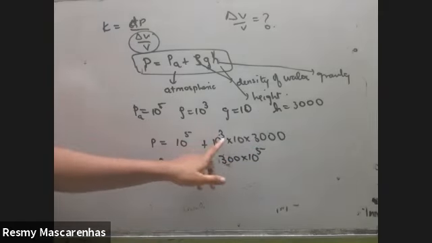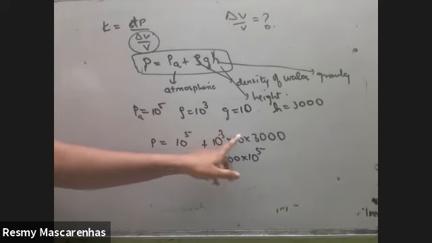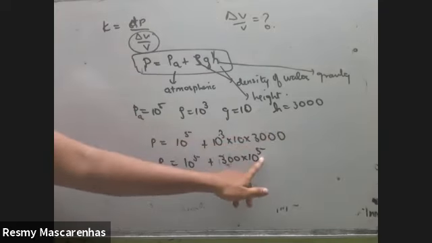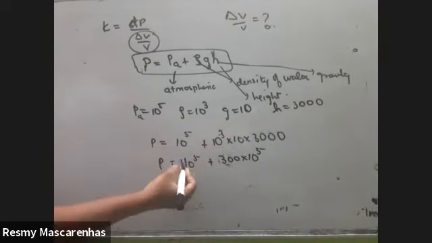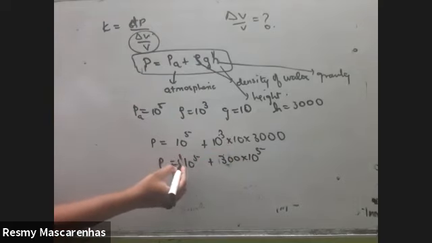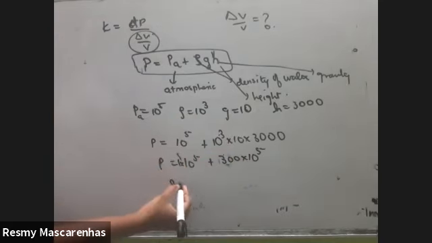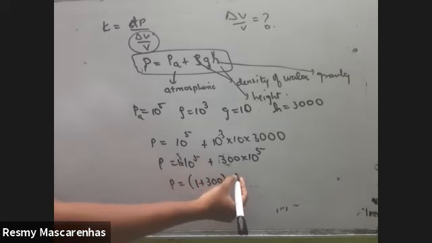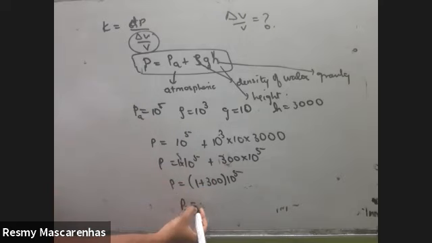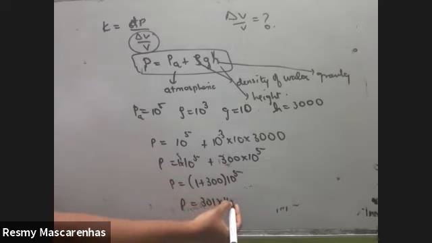Only we can add if the powers are the same. So this becomes 300 into 10 raised to 5. Now take out 10 raised to 5 common, so this will be 301 into 10 raised to 5.